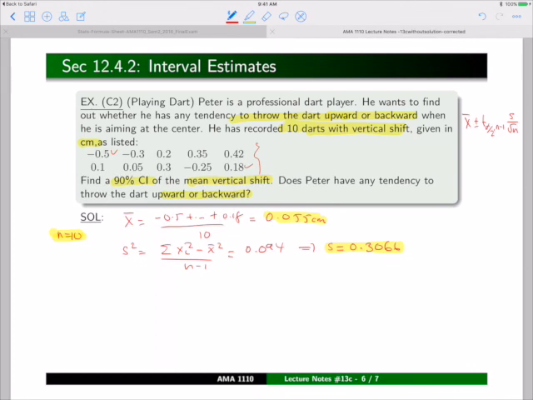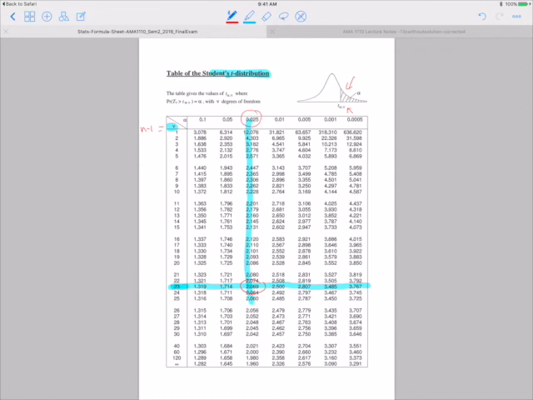Let's highlight that. And now we need the t alpha over 2, n minus 1. So alpha here for a 90% confidence interval is 0.1, so alpha over 2 is 0.05. This is t 0.05. The degrees of freedom is n minus 1, so it's 10 minus 1, which is 9. So we need 9 degrees of freedom. Let's look at our t distribution table.